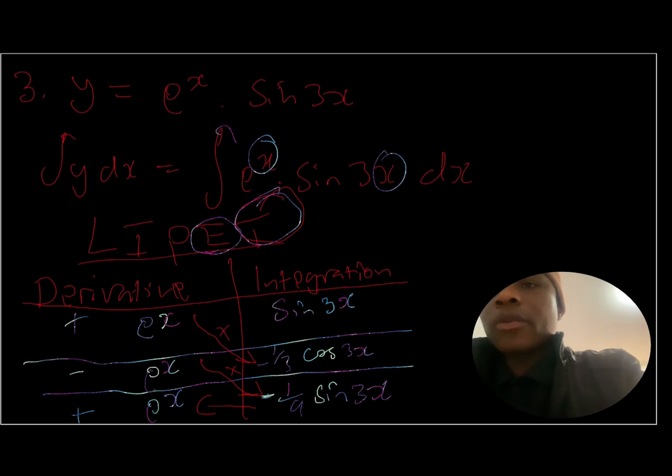We're going to say the integral of y dx is equal to the terms we cross multiplied, right? Which one did we cross multiply? We cross multiply e to the x times negative 1 over 3 cos 3x.